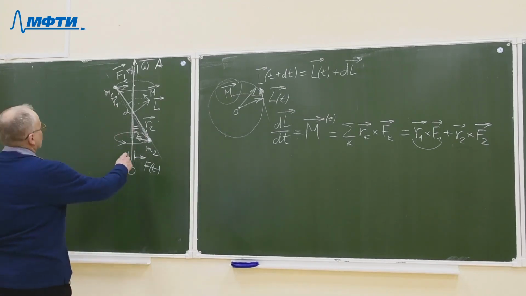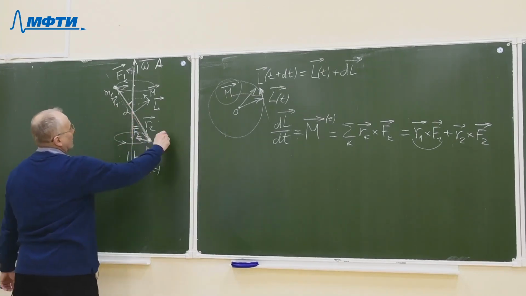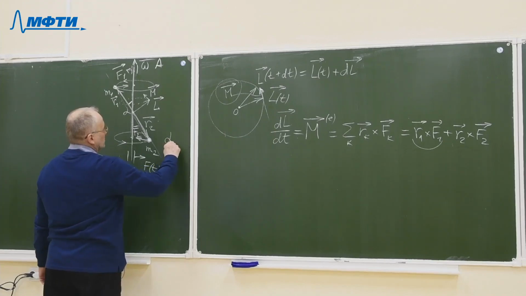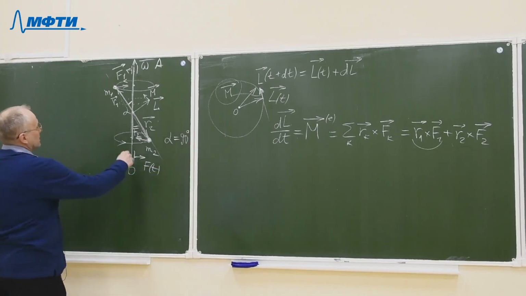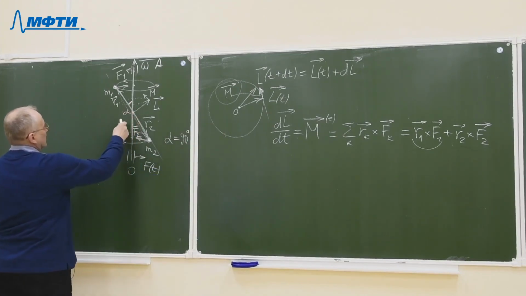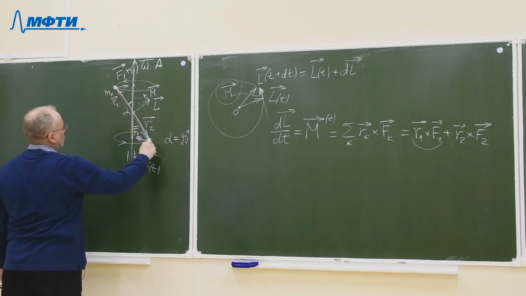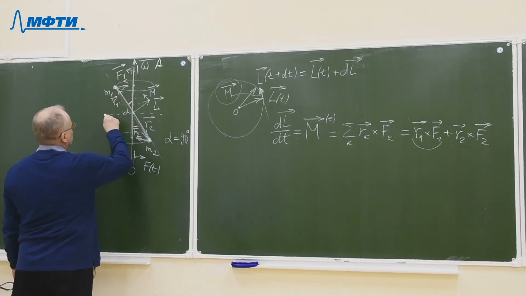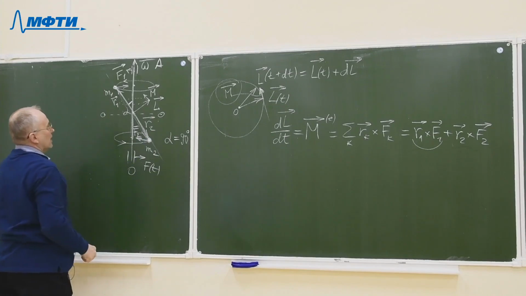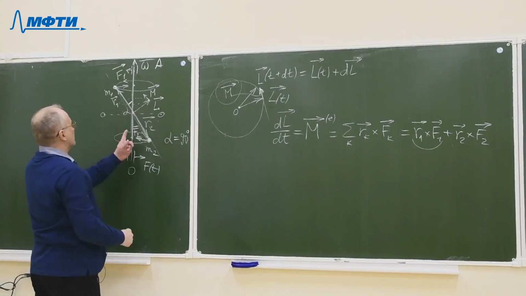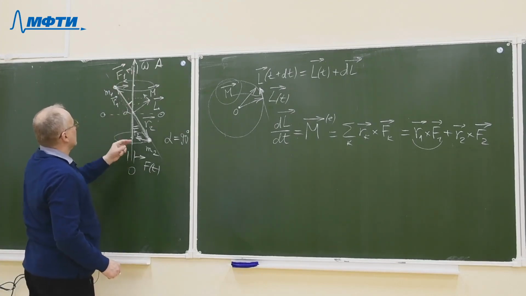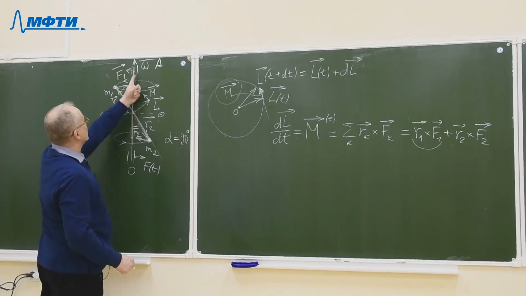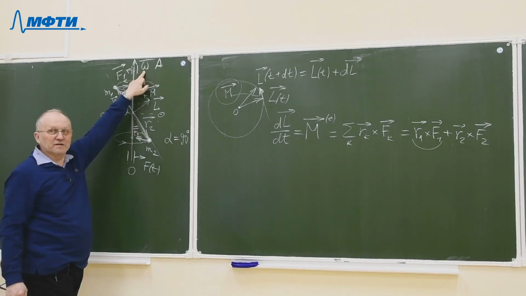Now suppose that angle alpha is 90 degrees, that is the right angle. In this case, the light rod will be perpendicular to the axis of rotation, and vector L will be directed along the axis of rotation, and the direction of vector L will coincide with the direction of omega.